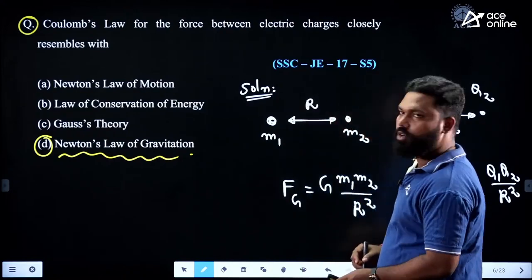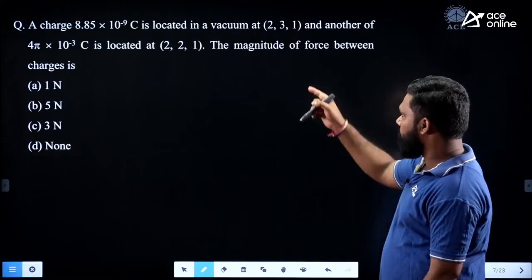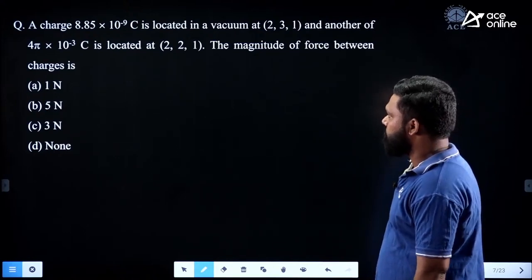Let us have one more question. It is a numerical. Try to solve this one.